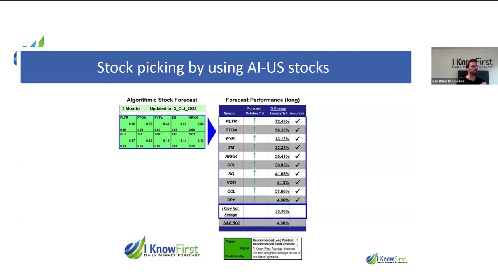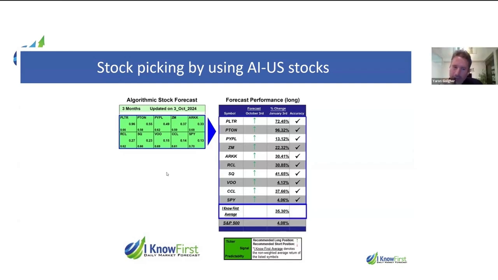We can see Royal Caribbean and other stocks from this universe that outperform the market by really big measures. We can see 35% compared to the 4% movement of the S&P in this specific time frame from the beginning of October up until now.